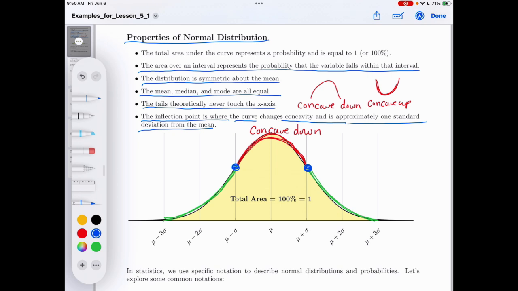Now at that point where it changes from concave down to concave up, that is where you're going to have your 1 standard deviation out from the center. So whatever the standard deviation is, here's the mean, you're going to come out 1 standard deviation. That's going to be where the inflection point is.